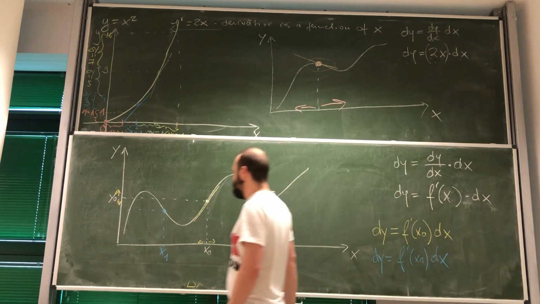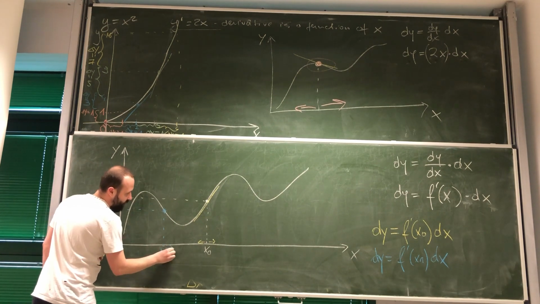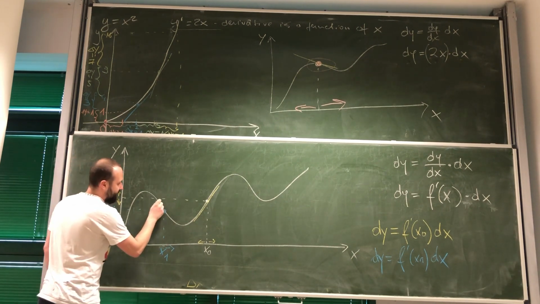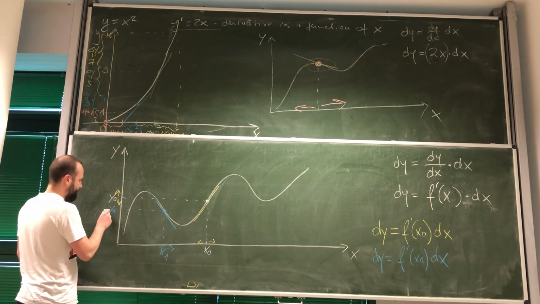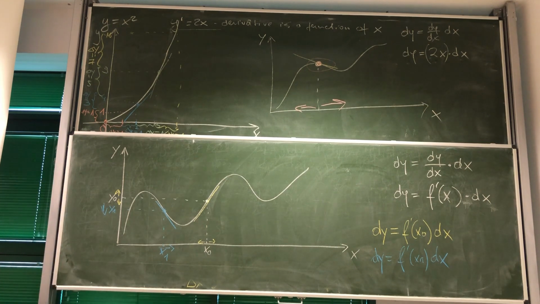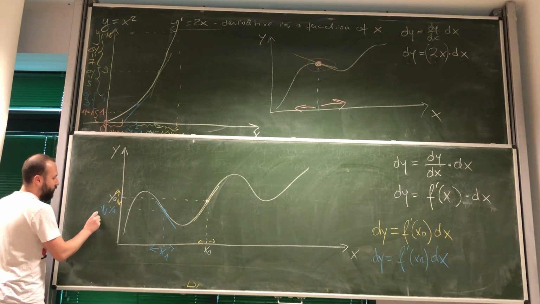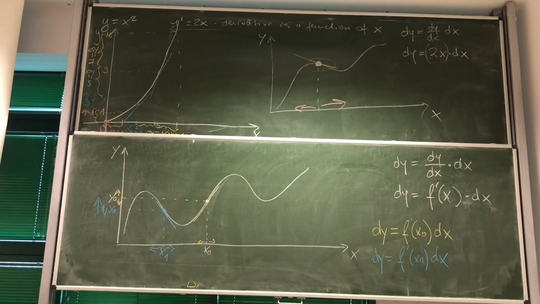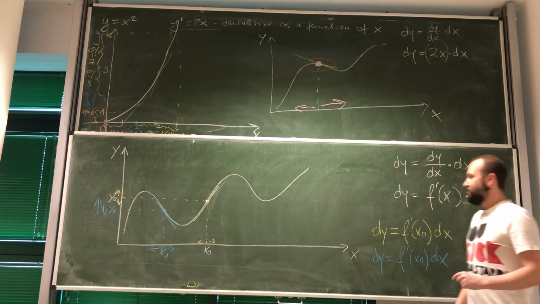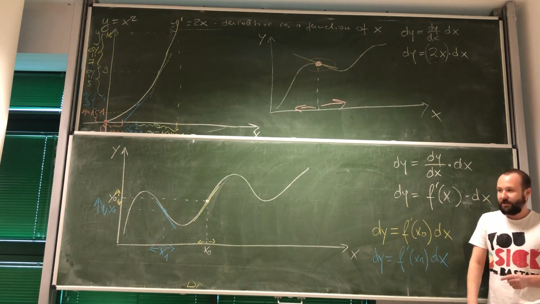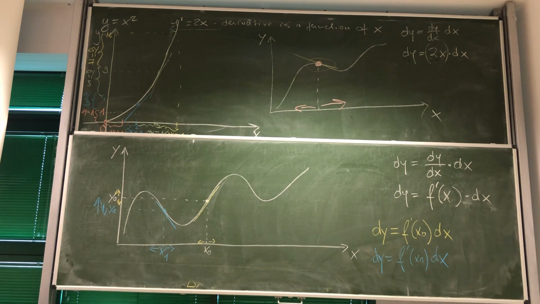That if x is increasing, here we will have some y1, and if x is going to go up, because this is our derivative, then y is going to go down. However, if x is going to go down, y is going to go up. So I hope you can see that depending on where we calculate the derivative, the value of the differential is going to be different, right? Which is very important information.